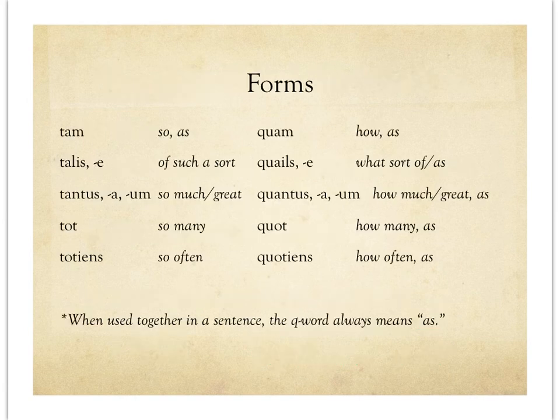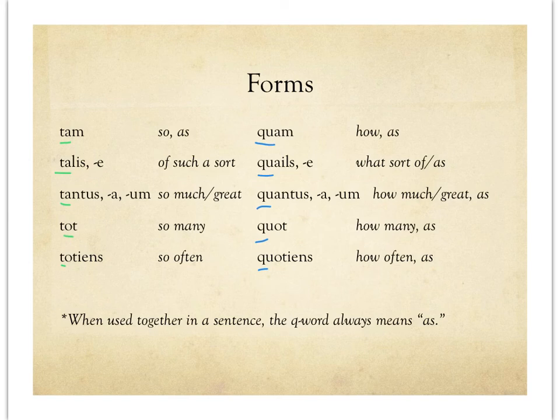So these are our new forms that when we use them together, they are used as correlatives. You can see that this group all begins with the letter T, and that their companions all begin with the letter Q. They're really the same word except for that change. So we have tam and quam, talis qualis, tantus quantus, tot quot, totiens quotiens.